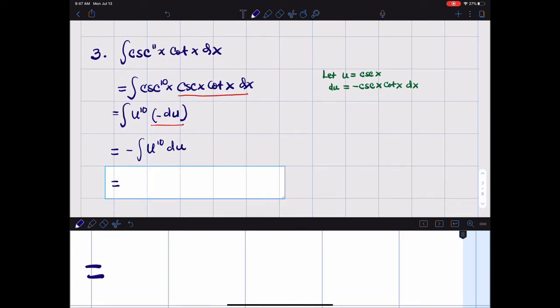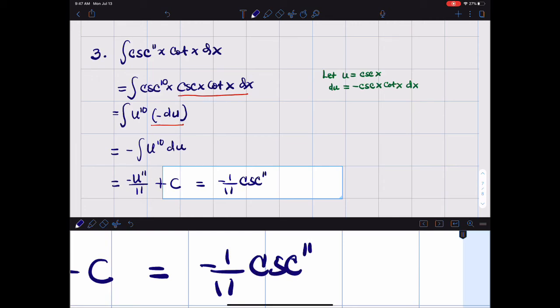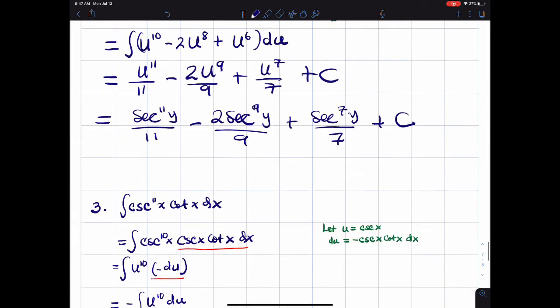And this is now u to the power of 11 over 11 plus c, which is the same thing as negative 1 over 11 cosecant to the power of 11x plus c.